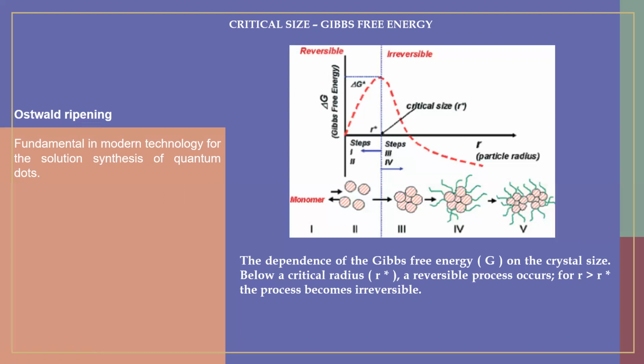The Gibbs free energy starts to increase as the radius of the nucleus increases. At a particular value, the Gibbs free energy reaches a maximum value, and that radius is called the critical radius, represented by R star. After that, the Gibbs free energy decreases as the radius of the particle increases.